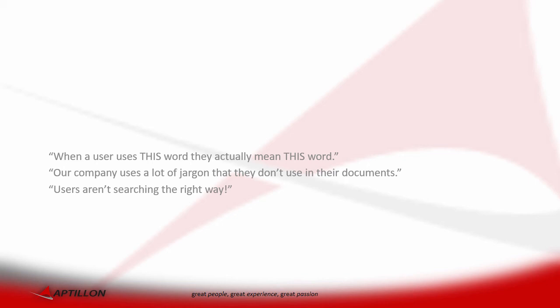They're using company jargon instead of using actual terms that are in the documents that they're searching for. So I call this a user intent query, and this one is a super cool way of helping your end users find content and really tailoring the search experience for your company.